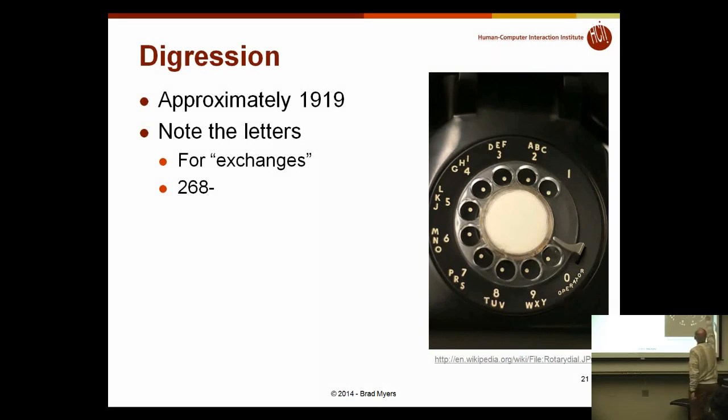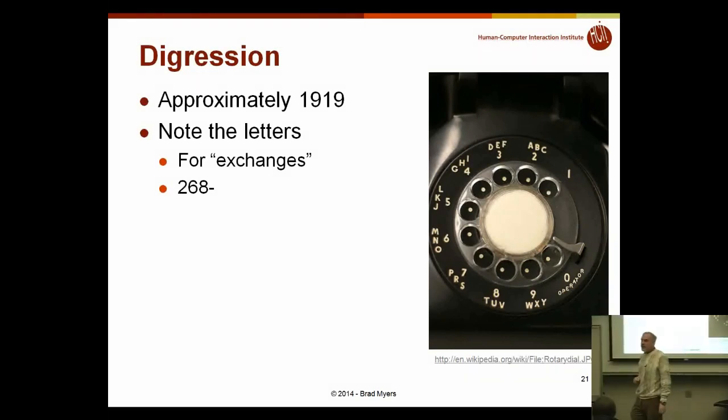So why isn't there any letters on the 1? Who knows why there are no letters on the 1? It is, the country code is actually a newer reason for it.